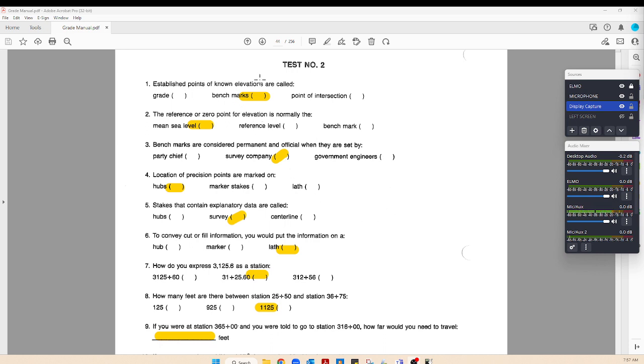Established points of known elevations are called, and that was the very first thing we talked about in this video, benchmarks. The reference or 0 point for elevation is, as we said earlier, mean sea level. In other words, tide comes in, tide goes out. The average of that elevation is called 0.